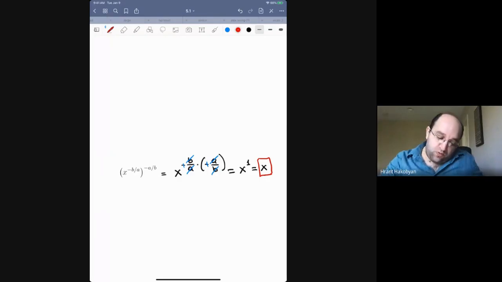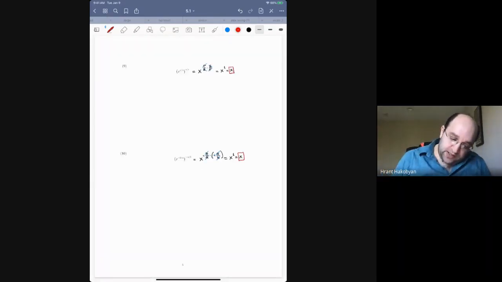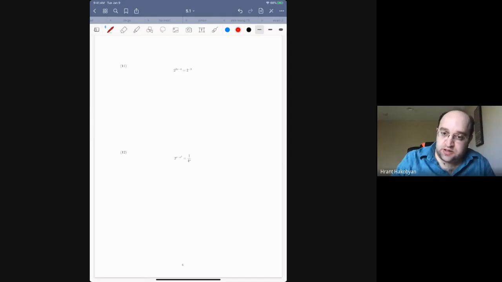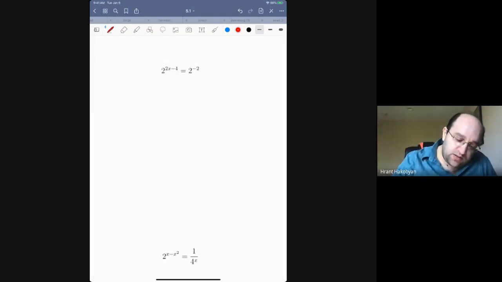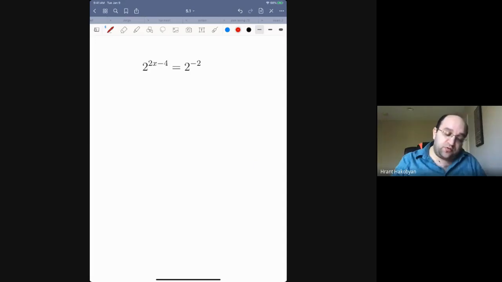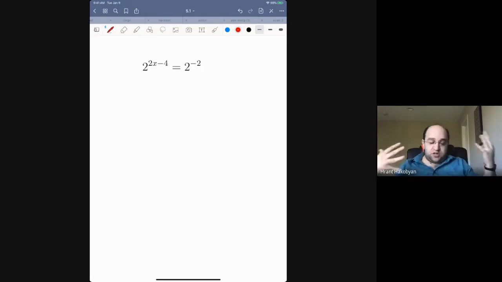Okay, and so let's do one more kind of example that we'll be using. This is an equation we have to solve, and that's going to be useful later. So here we have two exponentials that are equal to each other, and you have to solve for x here.